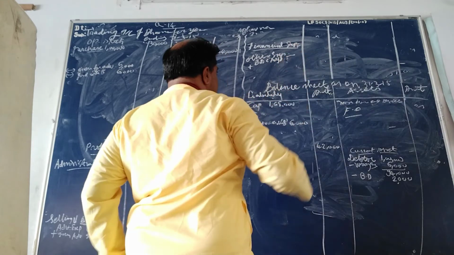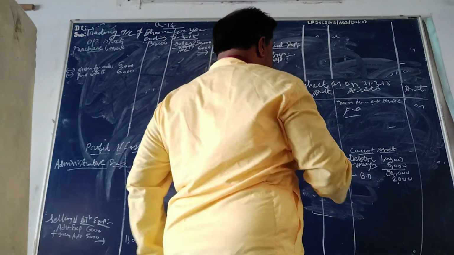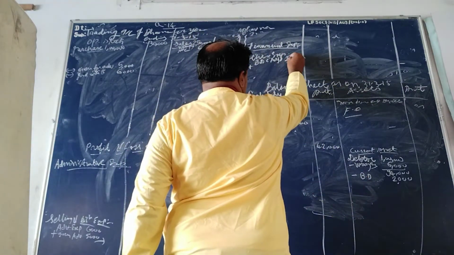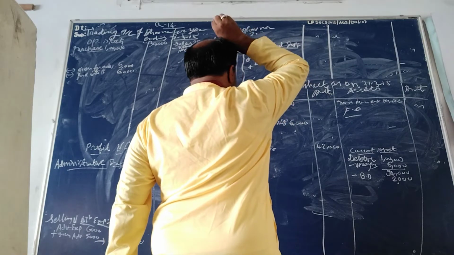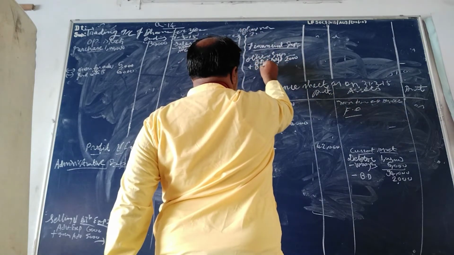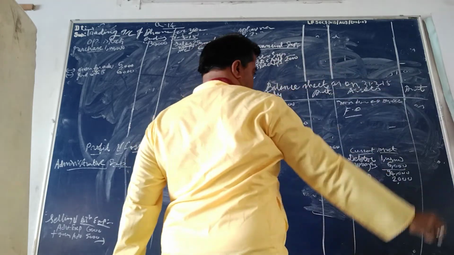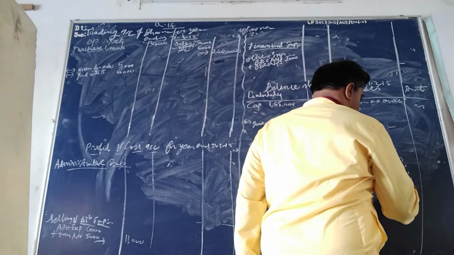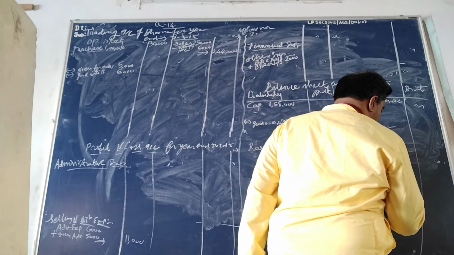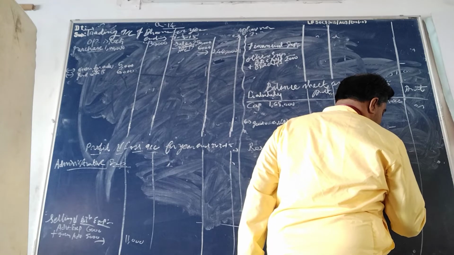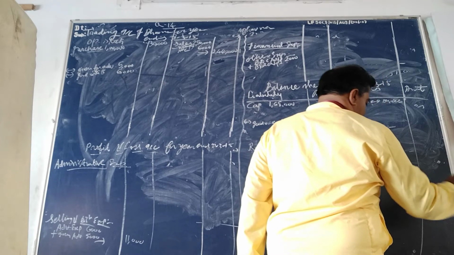Bad debt from adjustment, it is 2,000, plus bad debt reserve from adjustment. So here 94,000 minus 2,000, it is 92,000.